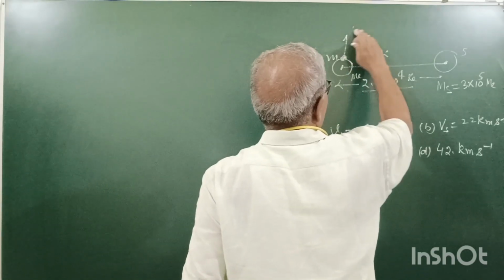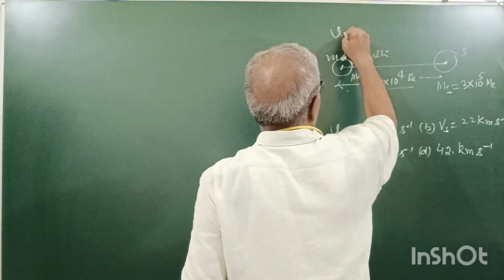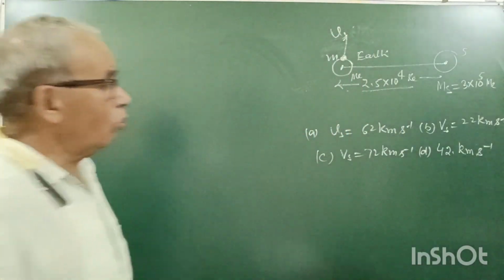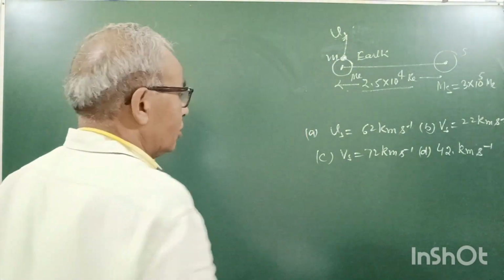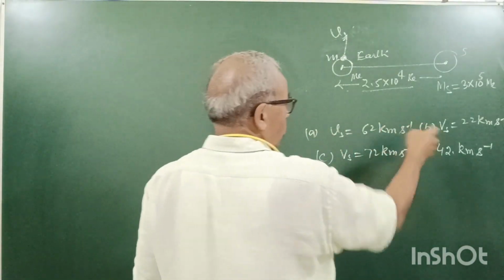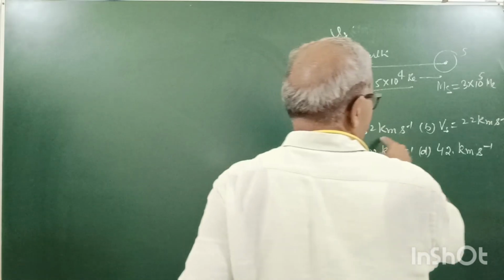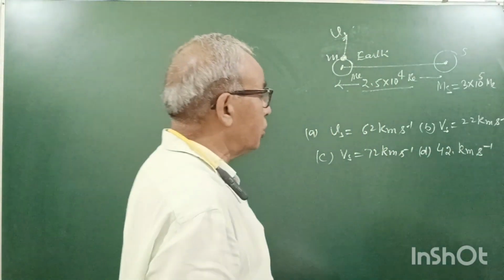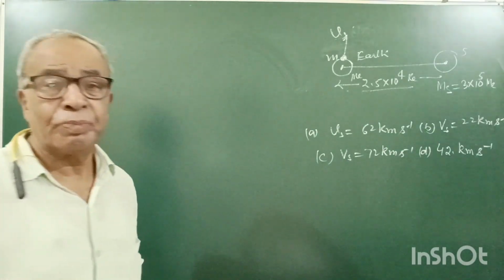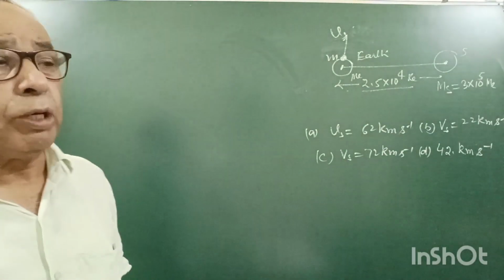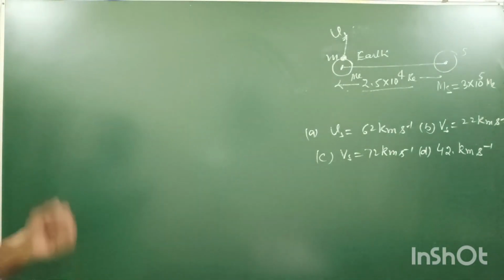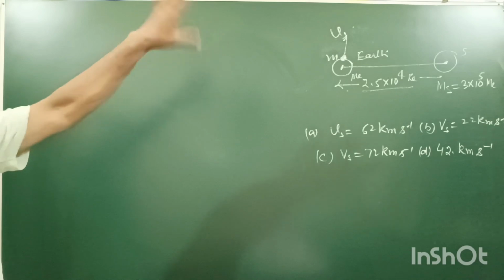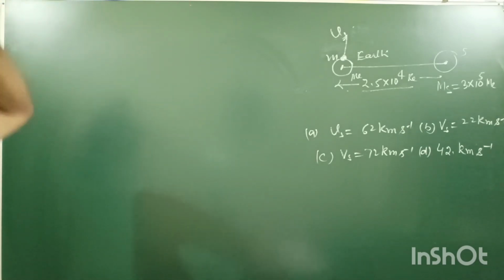If Vs is the speed of the rocket so that it goes beyond the pull of the Earth and Sun system, then Vs is equal to which option: 62 km per second, 22 km per second, 72 km per second, or 42 km per second. This rocket has to leave the solar system, neglecting other effects.